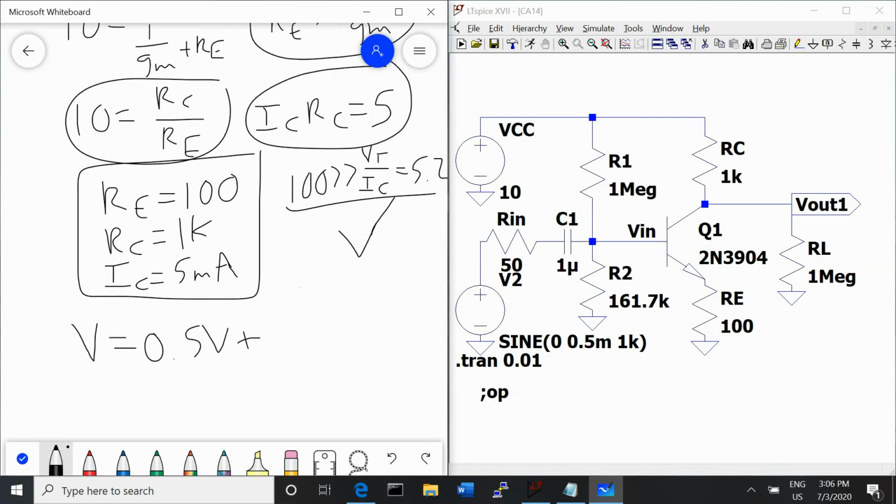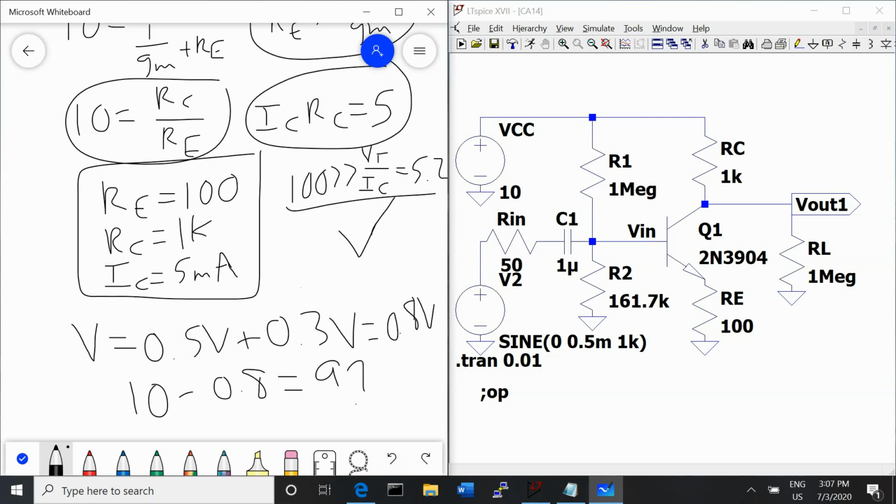we need to keep a voltage drop of at least 0.3 volts across the transistor in order to keep it in active. So that's 0.8 volts. And that means that our maximum output voltage amplitude for Vout is 10 volts, since that's the top rail, minus 0.8 volts, since that's going to be our bottom rail, since we have to drop those voltages across everything below Vout.